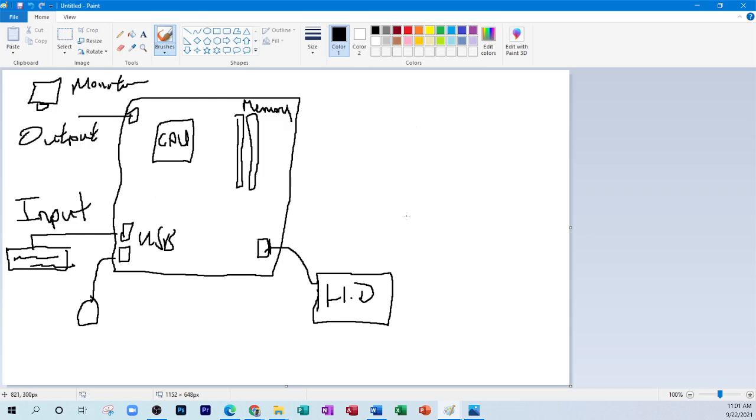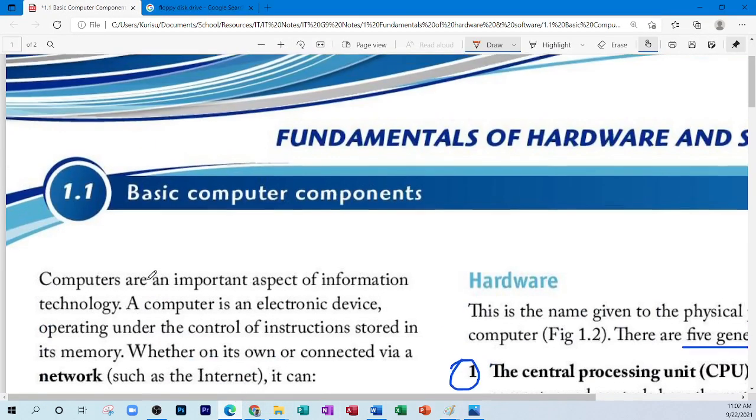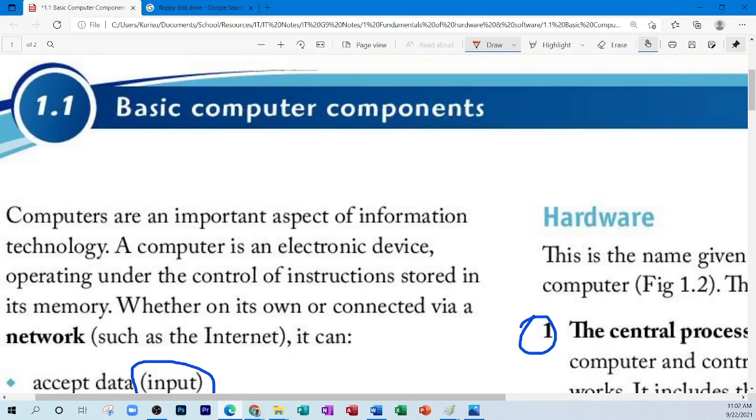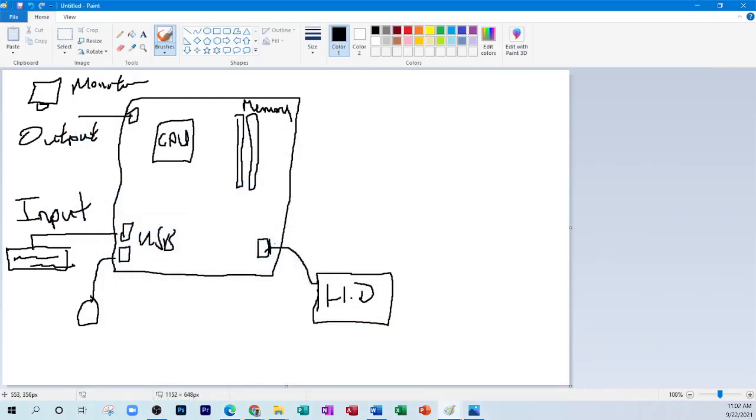So this is how your computer functions, how all of those categories of hardware work together, and how we basically get this definition here that a computer is an electronic device operating under the control of instructions stored in its memory. So let's have a visual representation of that definition.